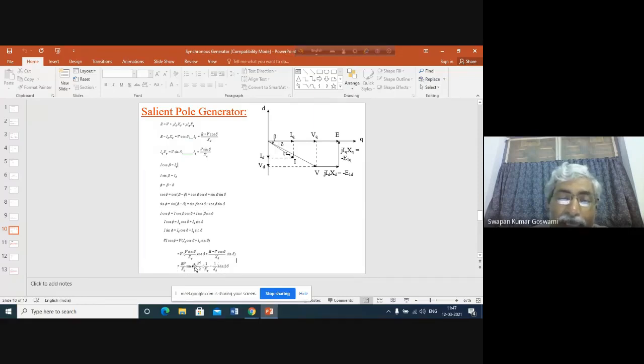If you see the magnitude of this part, that means peak value EV by XD and V square by 2 into 1 upon XQ minus 1 upon XD, compare the magnitude of this part and this part, you'll see that this part may be 15 to 20% of the total, and this part is remaining. That means 80% or more will be this part, and maybe at most 20% will be from this part.